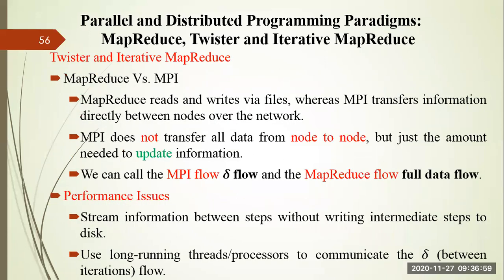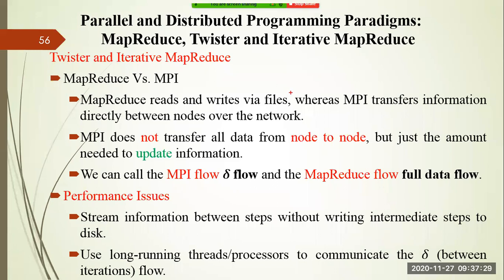We are comparing MapReduce with MPI to check whether MPI can perform these things in a better way or not. Because MPI, as I told you, is a message passing interface, a very popular programming model for parallel computation. If you compare MapReduce with MPI, MapReduce reads and writes via files.